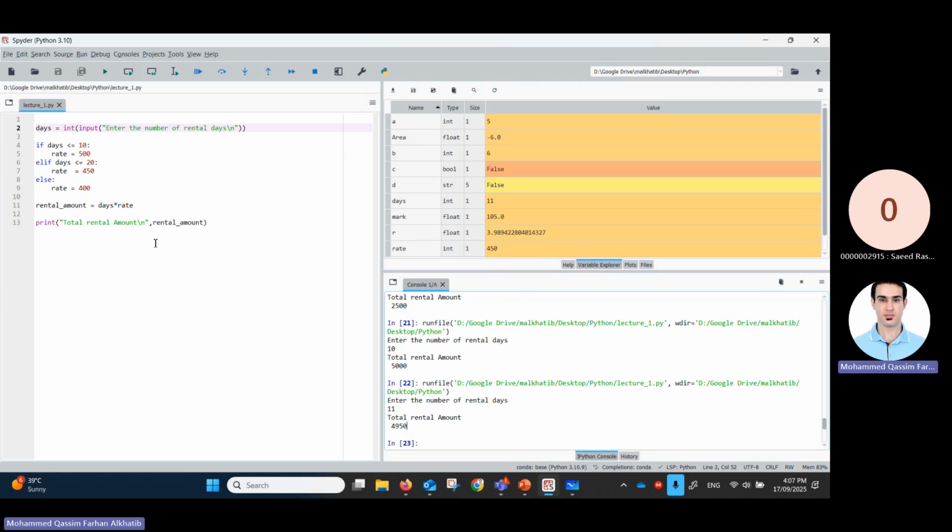Okay. That's pretty much it. If there are more questions in my mind, we can discuss them. I'll send you what kind of exercises you need to be aware of. But yeah, that's it for today. The lecture is quite simple. You need to practice more writing if statements.